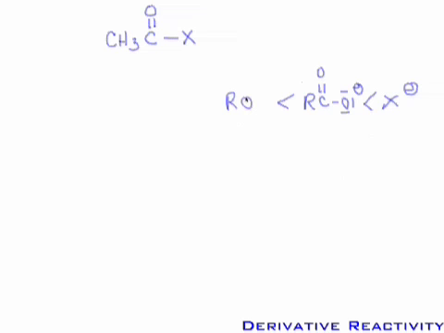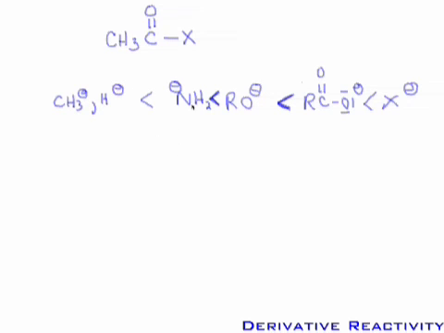The alkoxide, likewise, because it's a stronger base, is a weaker leaving group, so it is less good as a leaving group. NH2 minus, again, we increase the basicity, and again it is less capable of leaving. And then, of course, the least capable is the most basic: CH3 minus and H minus.